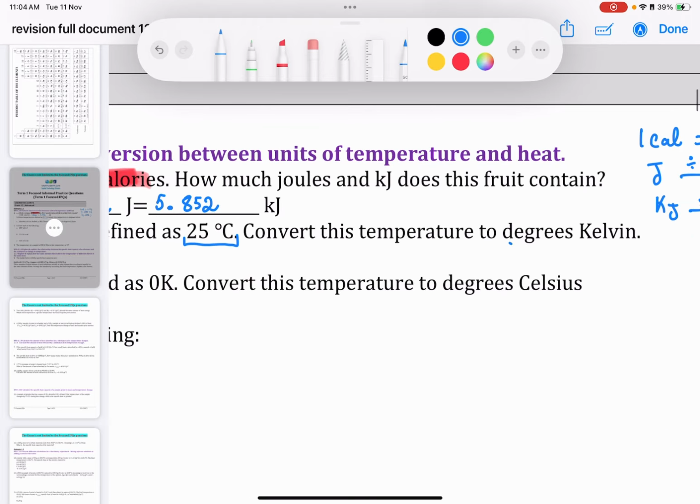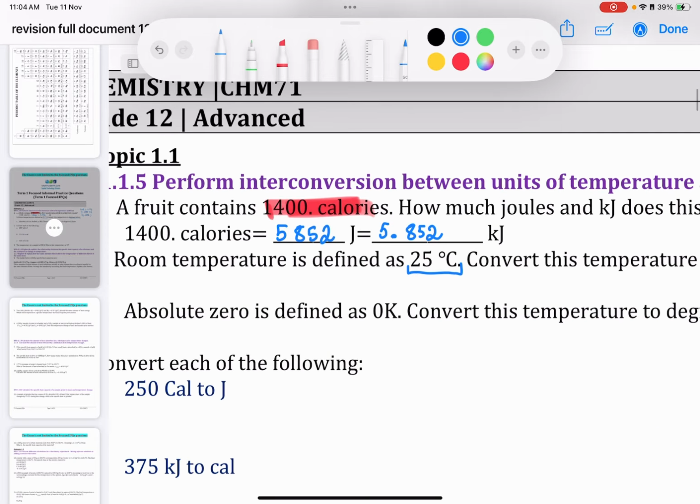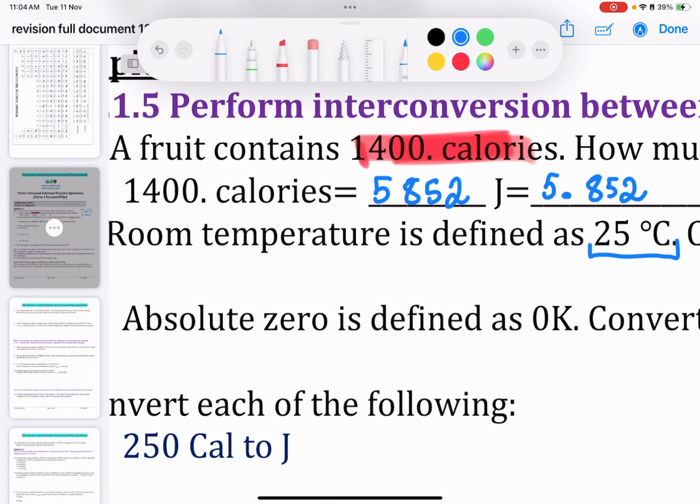Moving on, room temperature is defined as 25 degrees Celsius. Convert this temperature into Kelvin. Please note that the conversion factors of temperature are also given in your formula sheet. So, to convert from Celsius to Kelvin, we add 273.